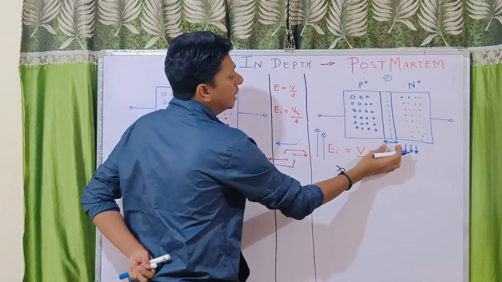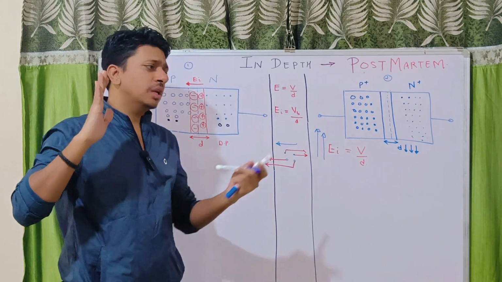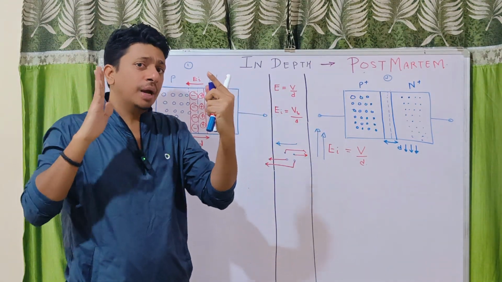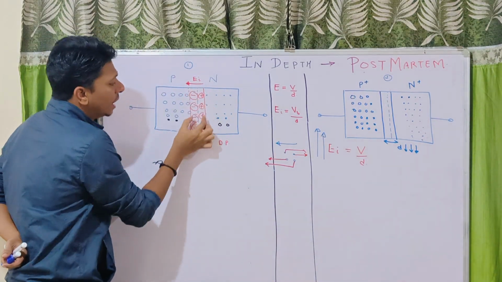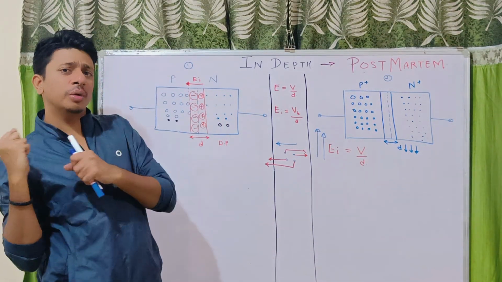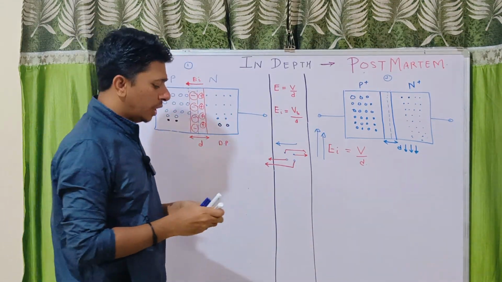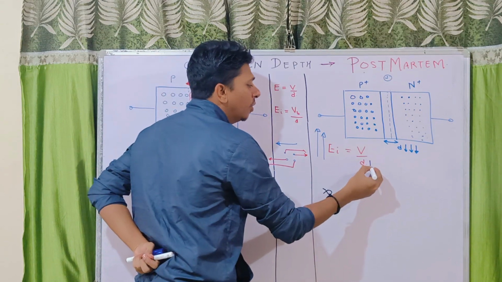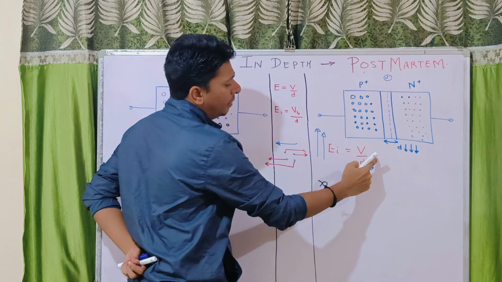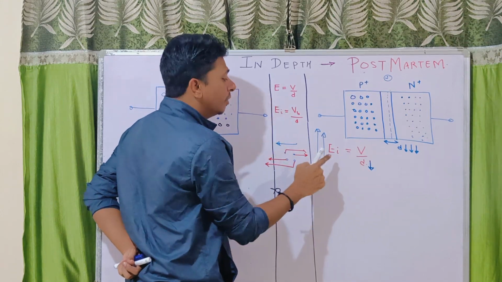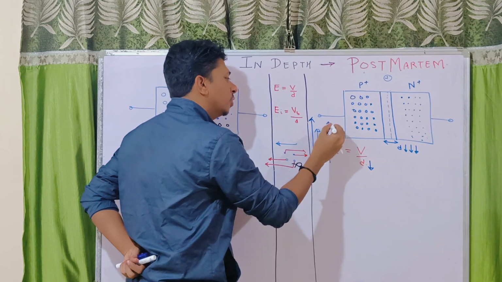Simultaneously, this D region will decrease because large force is applied from both sides. So this depletion layer will get squeezed, because these are the ions only. They will get a force from this side and this side also, and ultimately they will be squeezed. So ultimately this D will get reduced, and you know from the formula, if D decreases, this electric field will increase.